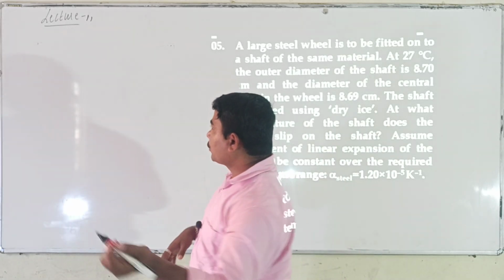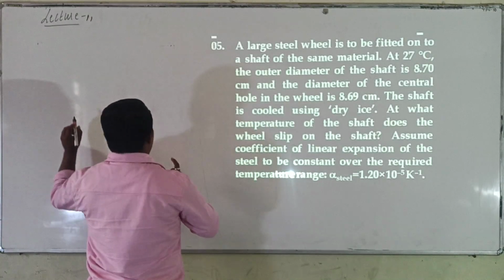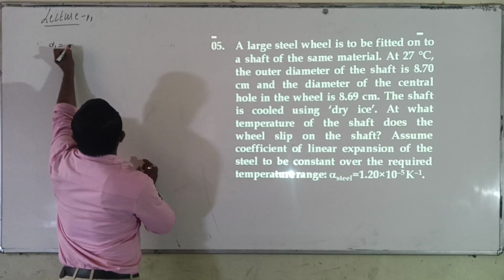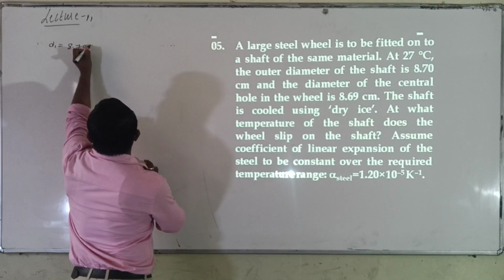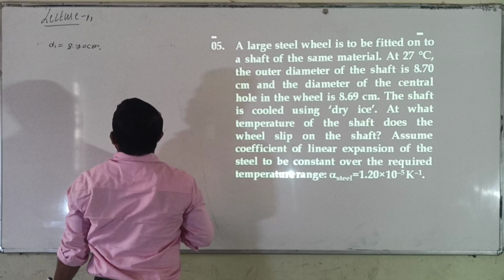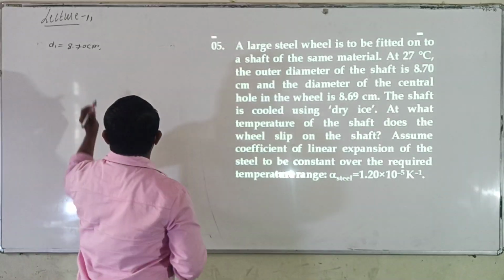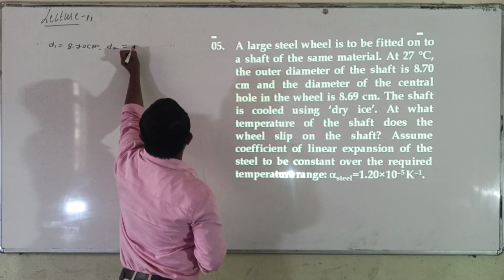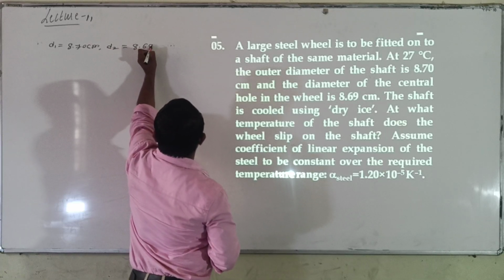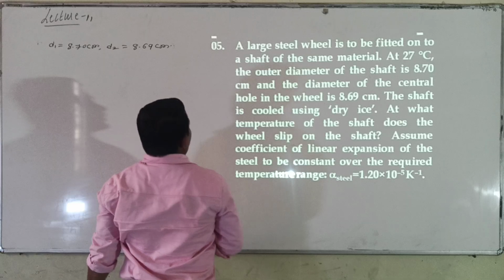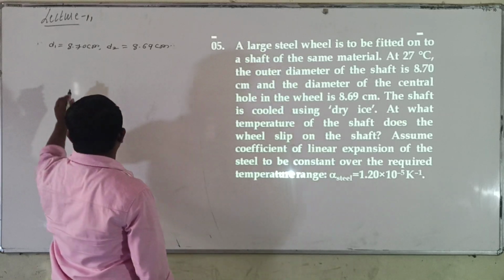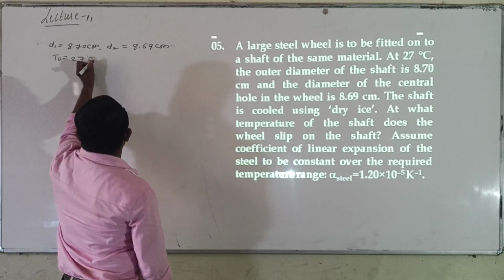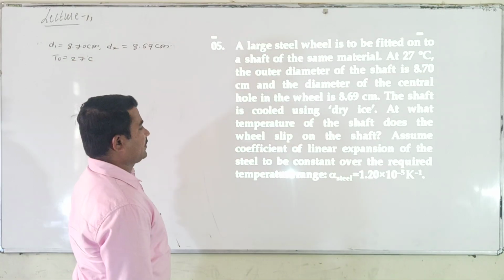See here, a wheel is placed on a shaft. The outer diameter, how much is given? Outer diameter D1 is equal to 8.70 centimeter, and inner diameter is found to be 8.69 centimeter. See here, the temperature is given initially. How much temperature is given? 27 degrees Celsius, right?